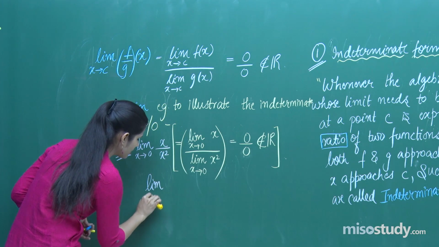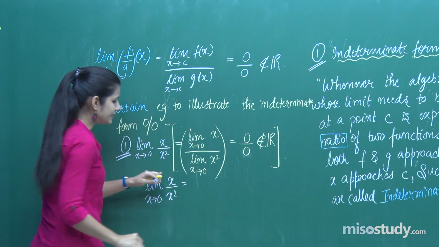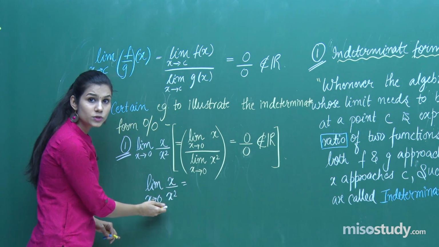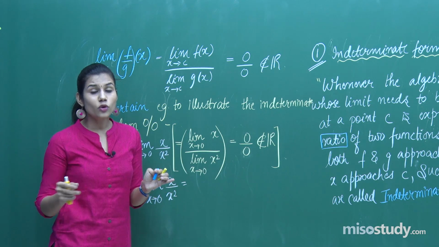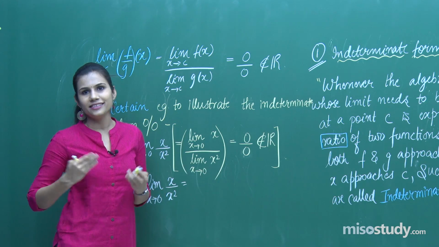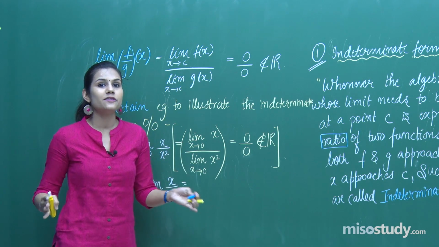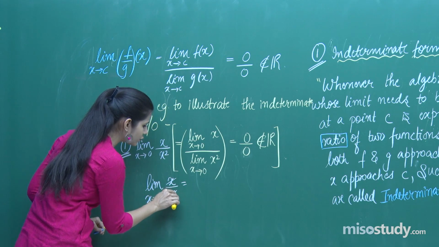See, if x is approaching 0, x is a number very, very close to 0. It is not equal to 0, it is very, very close to 0. That means x is always either positive or negative. It is never 0. And when x is not 0, I can cancel these x's with each other.